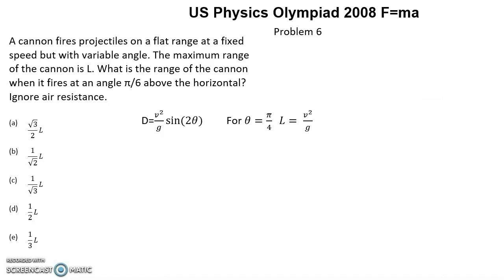And what happens when we have angle pi/6? In that case, we have d equal v square over g multiplied by sine pi/3, which is √3/2. So it means that the total solution will be √3/2 big L, which is A, the correct answer.